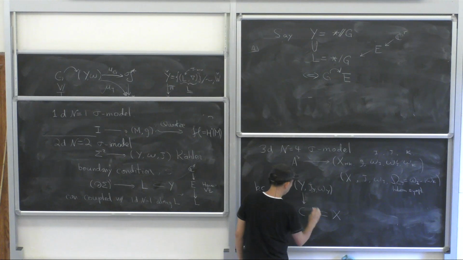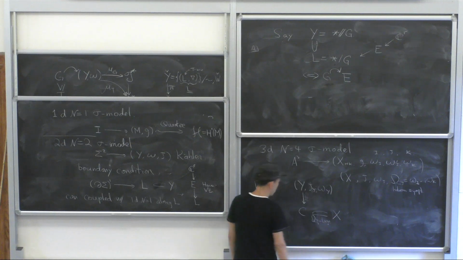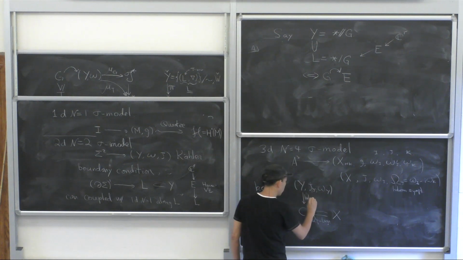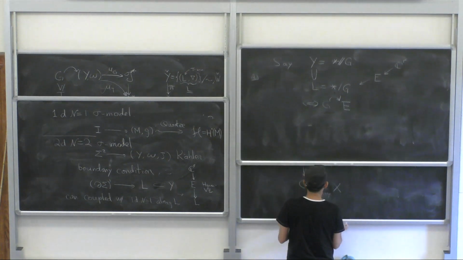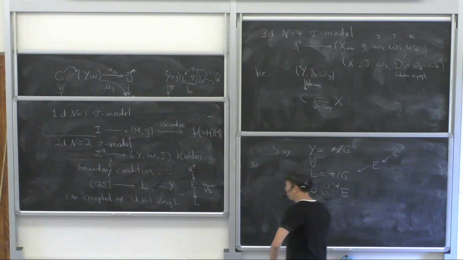And this is a complex Lagrangian, omega J Lagrangian. Okay, here's the holomorphic map. So for example, you can view this in two different ways.